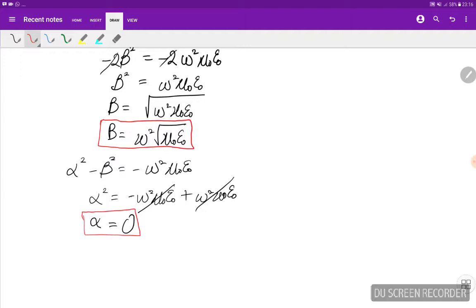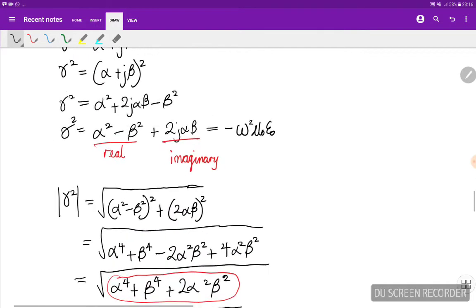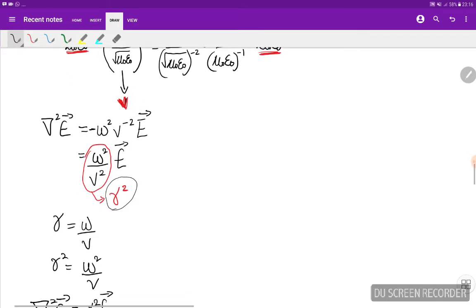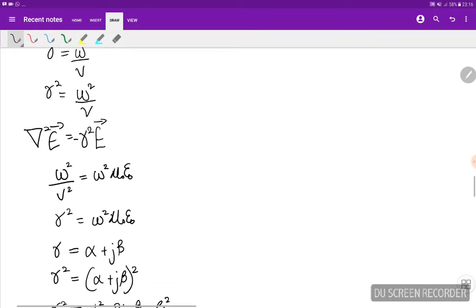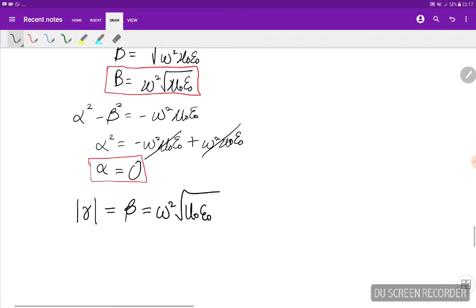Therefore, you can see that the magnitude of our propagation constant is equal to β, and is equal to this, ω times the square root of μ ε, from what we had here initially. But this was squared, so if we do the square root, we'll get this.